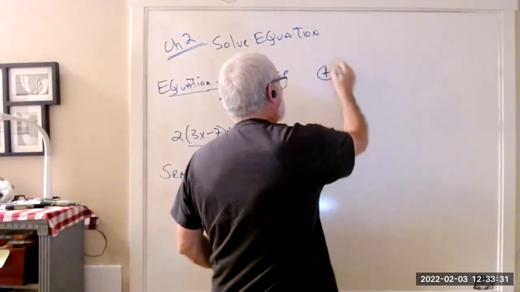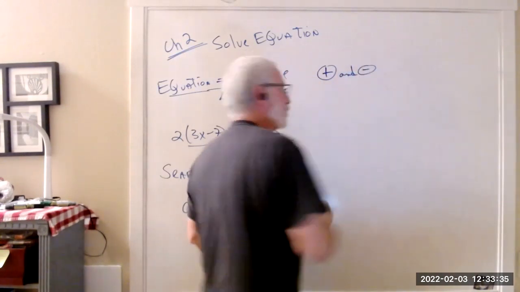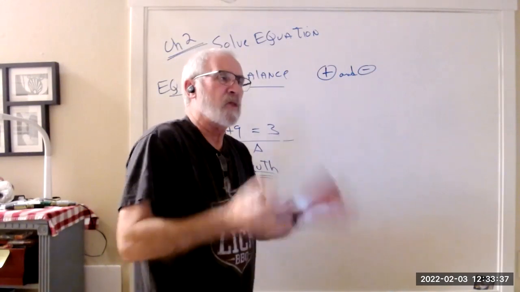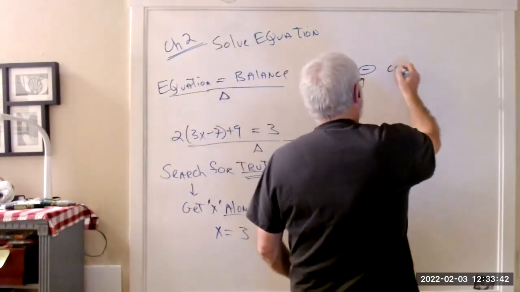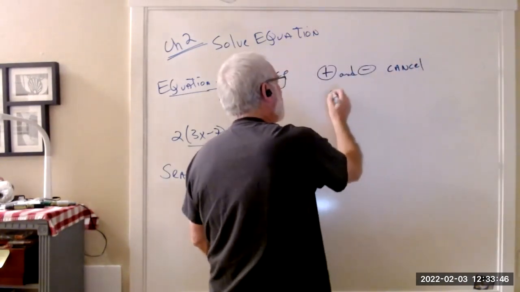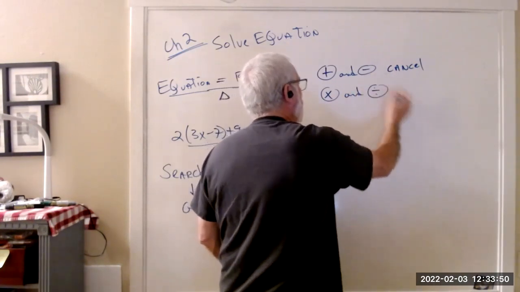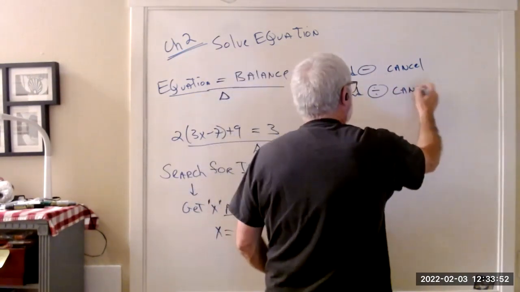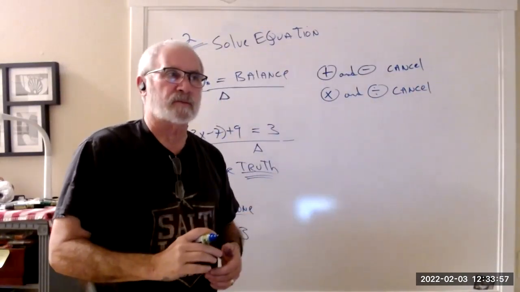Addition, which I circle, and subtraction, I circle them so they stand out. They always cancel each other. This is a fundamental idea. Multiplication and division always cancel each other. They undo the effects of each other.